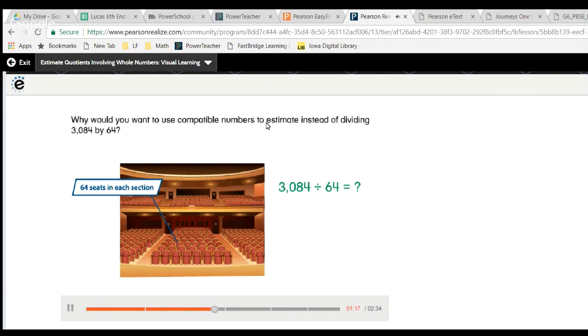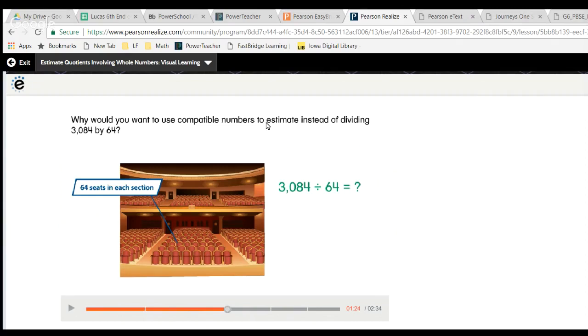Why would you want to use compatible numbers to estimate instead of dividing 3,084 by 64? When we're estimating, the reason we would want to use compatible numbers is because they're easier to do in our head.